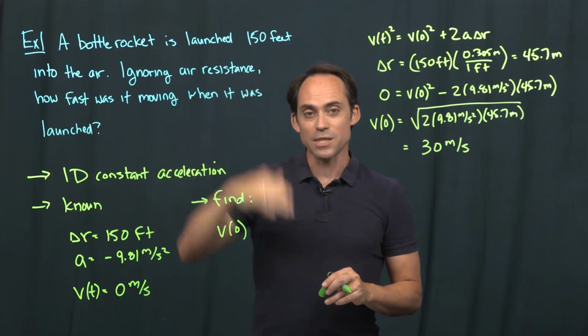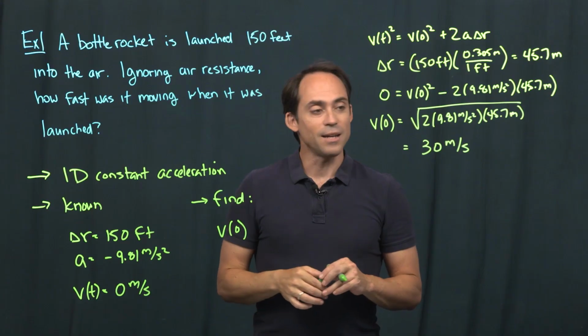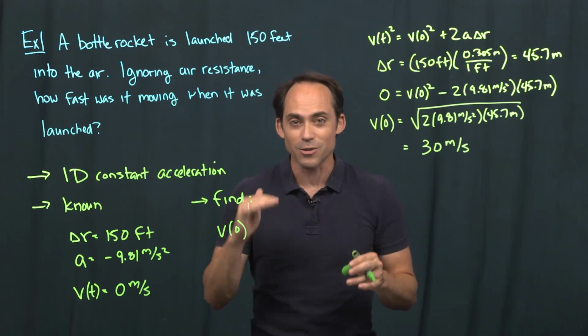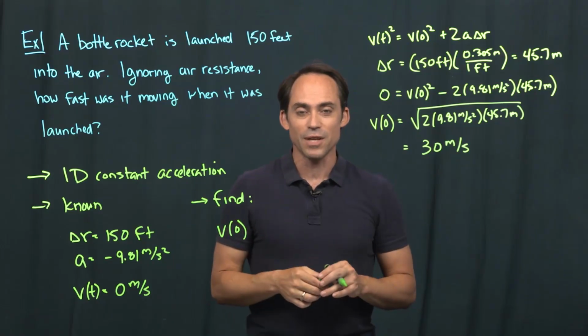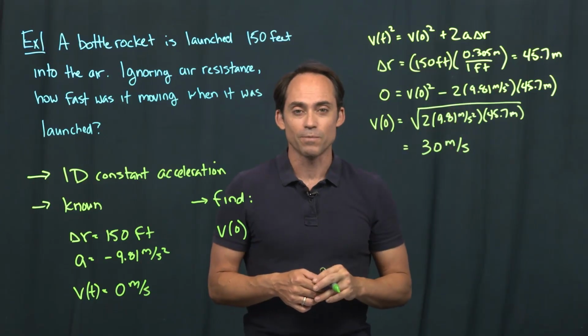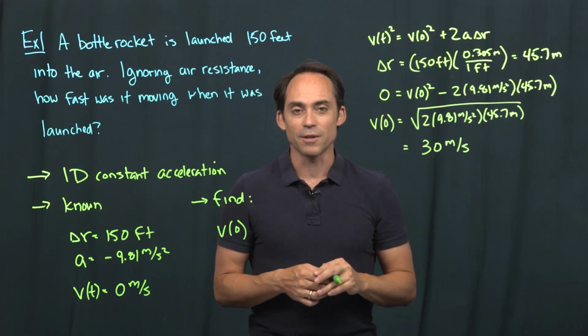So 3 seconds up, 3 seconds down. And so that gives us an estimate of the time. And at 30 meters per second, and assuming we're going kind of the average of that, because it goes from 30 to 0, so about 15 meters per second on average for 3 seconds, should take us about 45 meters. And that's indeed the distance we go. So you can do these sort of checks to make sure that the answer at least makes sense with the numbers that we're given.